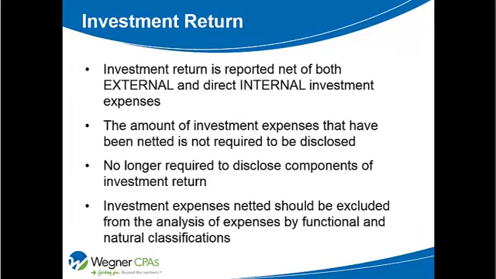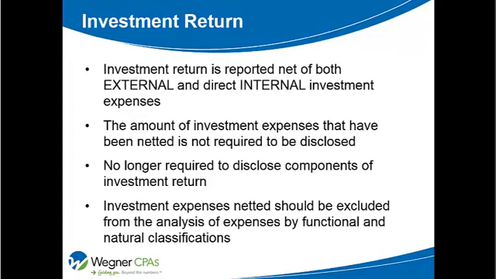And it does make sense if you think about it, right? Your investment return is money that you're making on your investments, but if it's also costing you $20,000 a year to make the investments, pay the fees, etc., then your investment return is actually lower. So that's why they're allowing you to net those, okay?